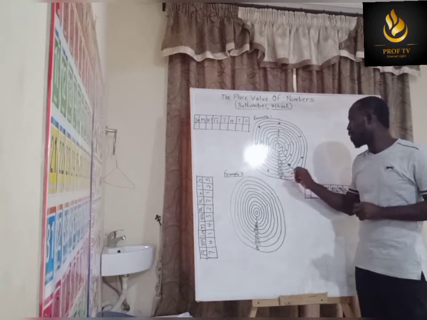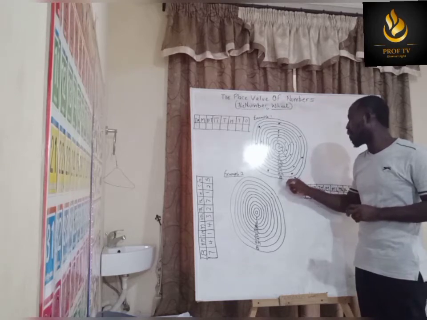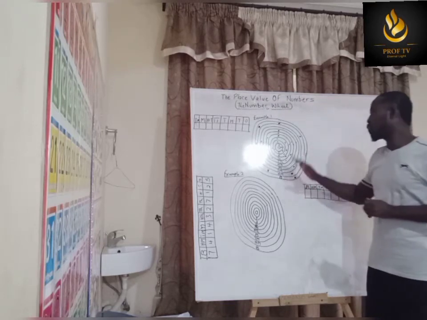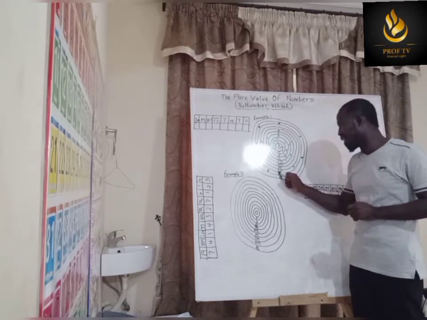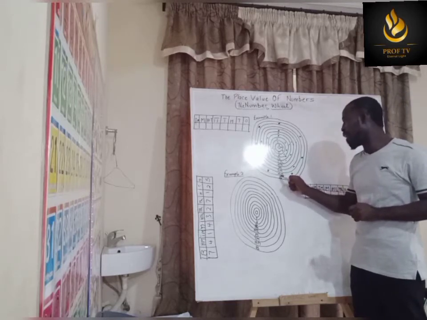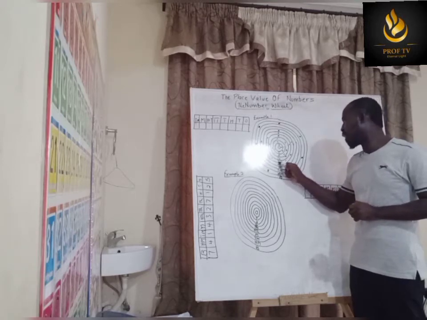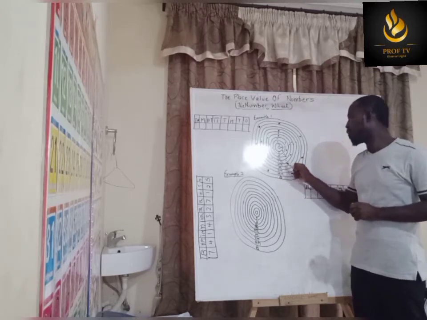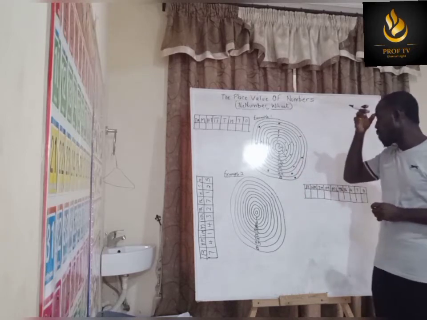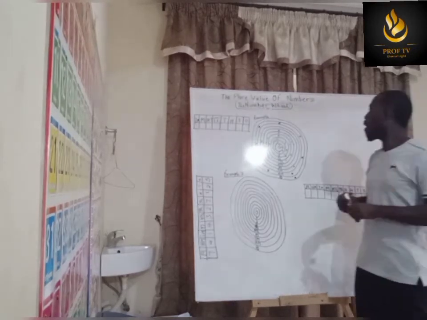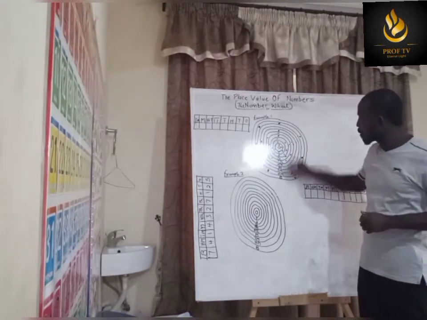I have tens of millions, hundreds of millions, and then I have billion. But I just want you to understand. So this is tens of millions, hundreds of millions, thousands, tens of thousands, hundreds of thousands, and then we move in that direction. Is that okay? All right, so let's proceed.